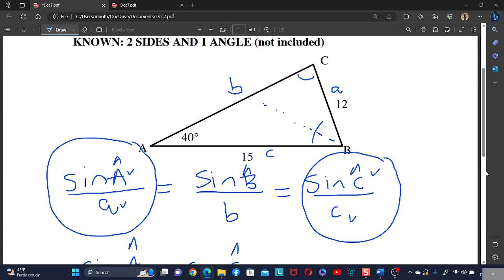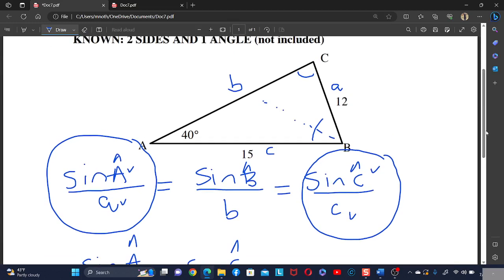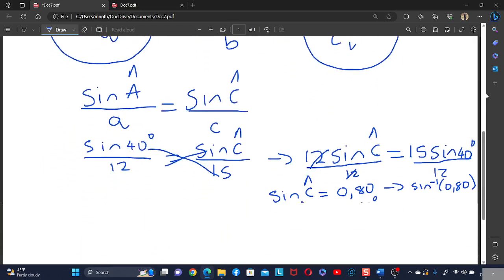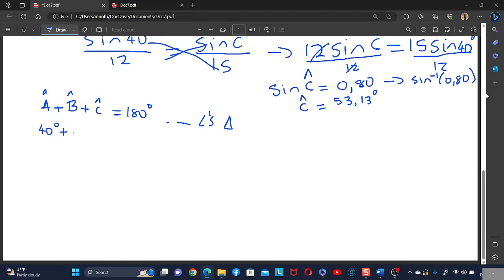Now we are looking for angle B. We have angle C, and we know that in a triangle the angles add up to 180 degrees. So angle A plus angle B plus angle C is equal to 180 degrees, angles of a triangle. We already have A, which is 40 degrees, we don't have B, and C is 53 degrees.